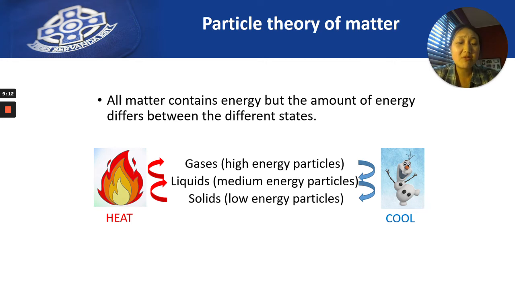So if we cool down gases, they'll condense to liquids, which have lower energy. And if we keep on cooling, it will freeze, it'll solidify into a solid, which has the lowest energy out of gases, solids, and liquids.